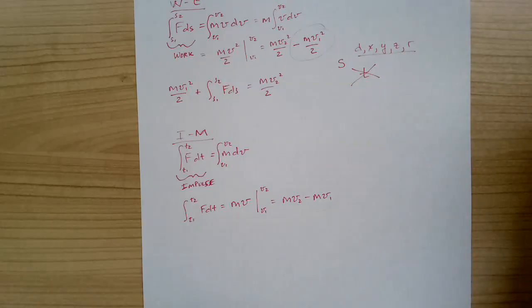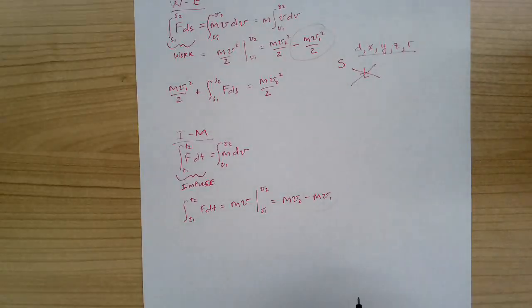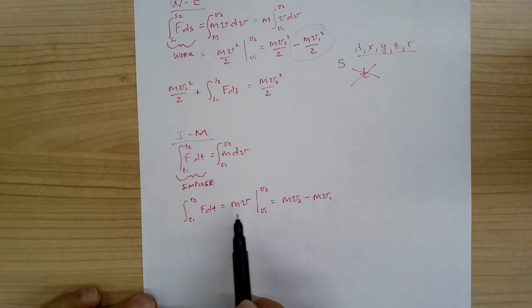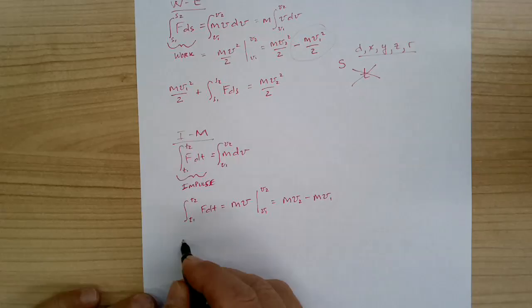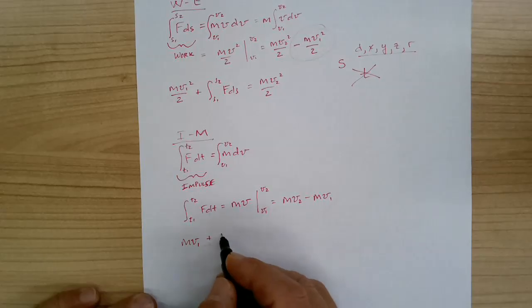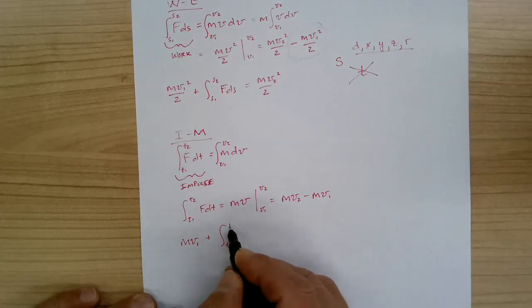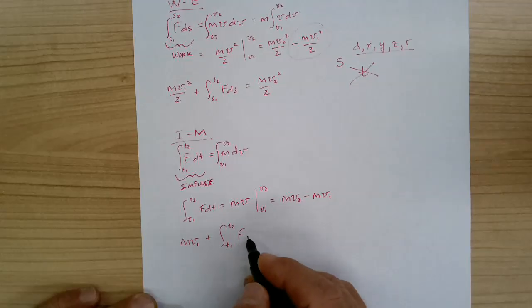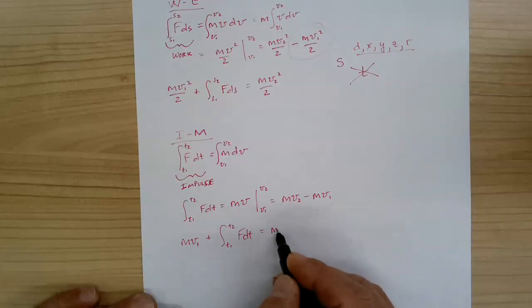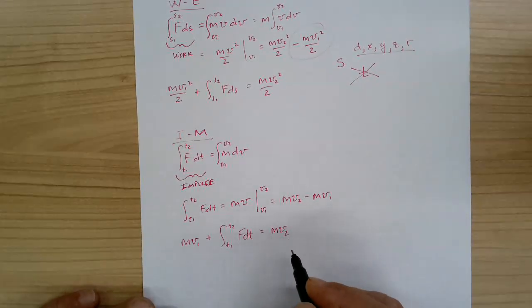And more specifically, later on, we're going to have to differentiate between linear momentum and angular or circular momentum. But right now, we just call it momentum, and that is linear momentum. And I want to do the same thing we did above. I want to take the initial momentum over to the other side and add to it the impulse from T1 to T2, and that is equal to the final linear momentum.